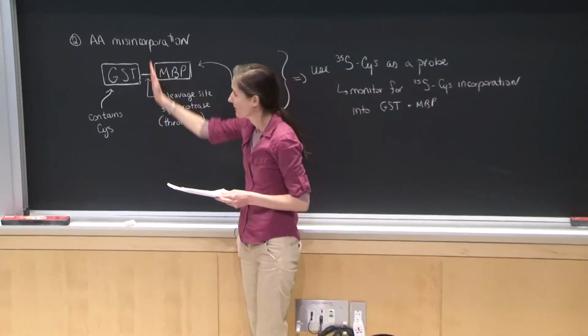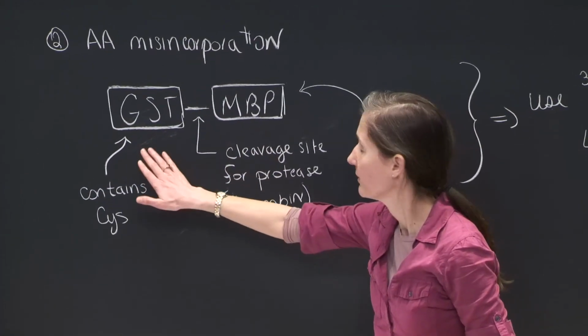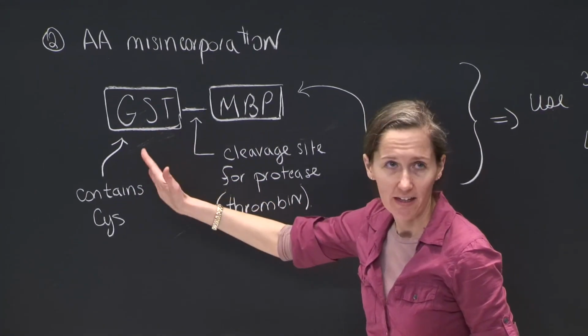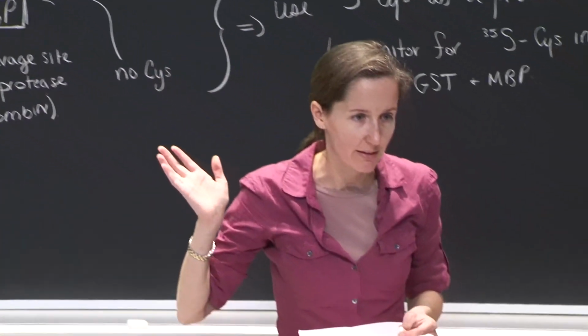Thrombin can be used to cleave, and then you can look and ask, is there radioactivity associated with GST? And we hope the answer is yes. And is there radioactivity associated with maltose binding protein?